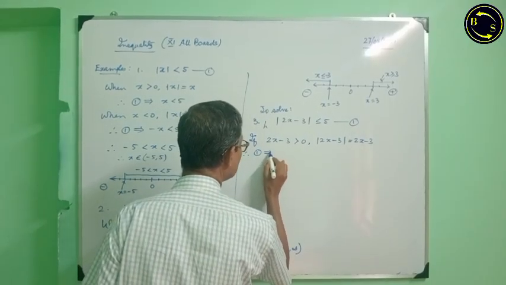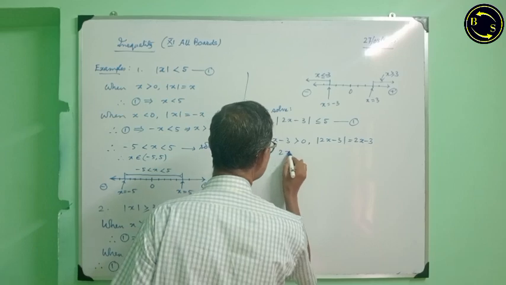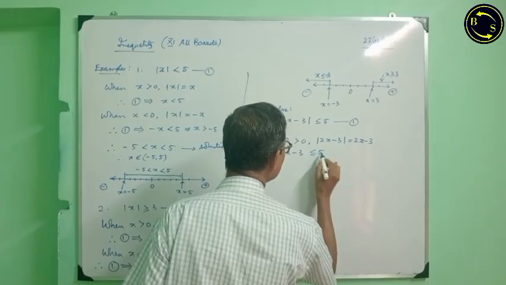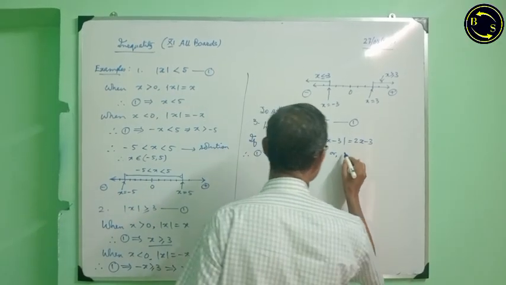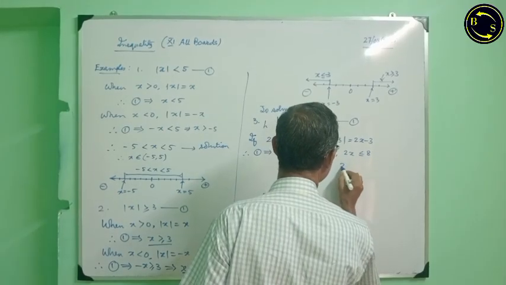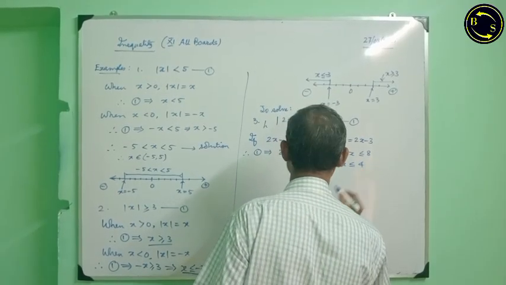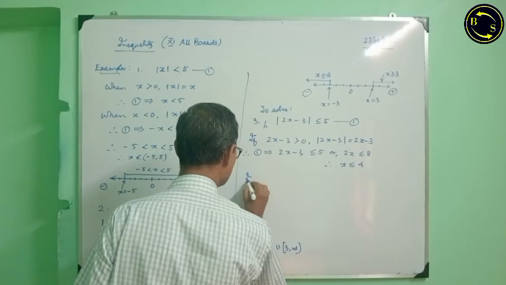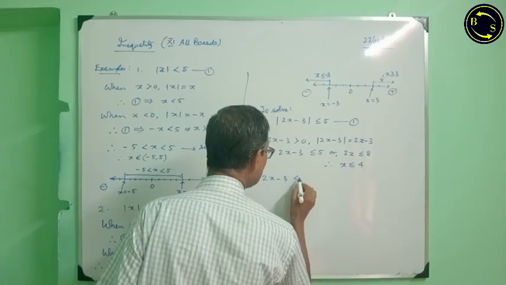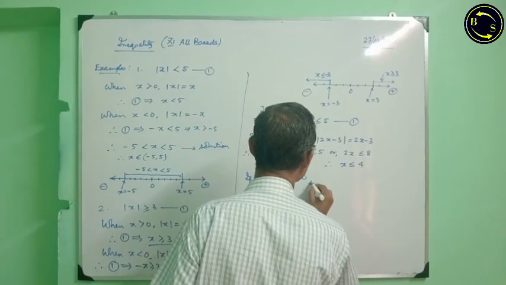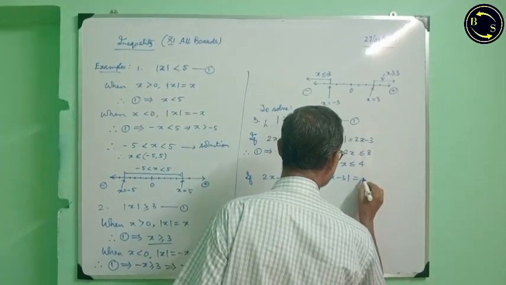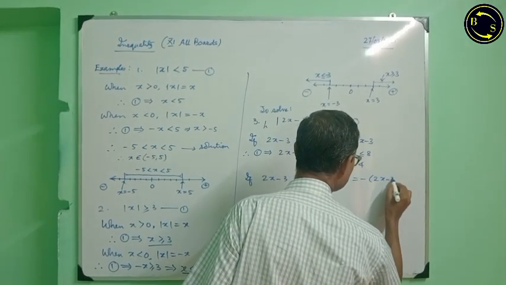From 1, 2x minus 3 less than equal to 5, or 2x less than equal to 8, therefore x less than equal to 4. If 2x minus 3 less than 0, mod of 2x minus 3 is equal to minus of 2x minus 3.